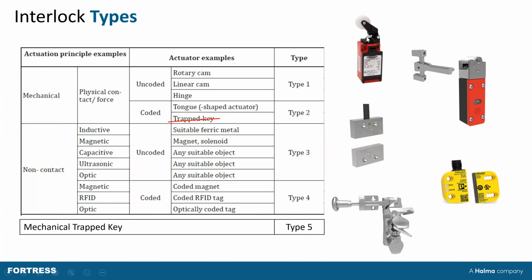But you can have type 1s, which press against something else. You can have type 2s, which have some kind of tongue. You can have non-contacts, and non-contacts can either be uncoded, where any actuator will work, or they can be coded, where it has to be the right actuator. And then there's trapped key as well. And as you can see, these are all suitable for different environments, different situations.